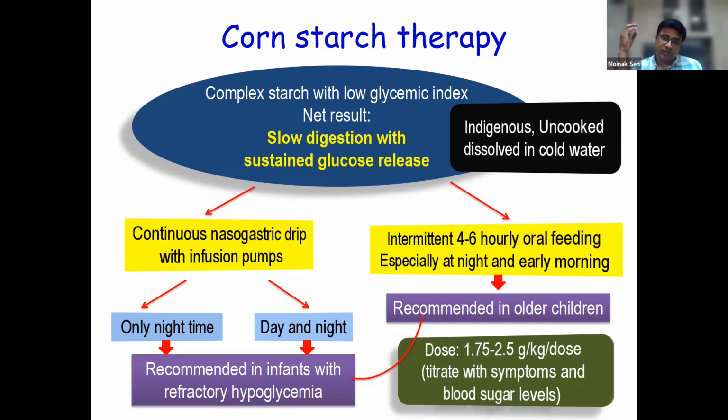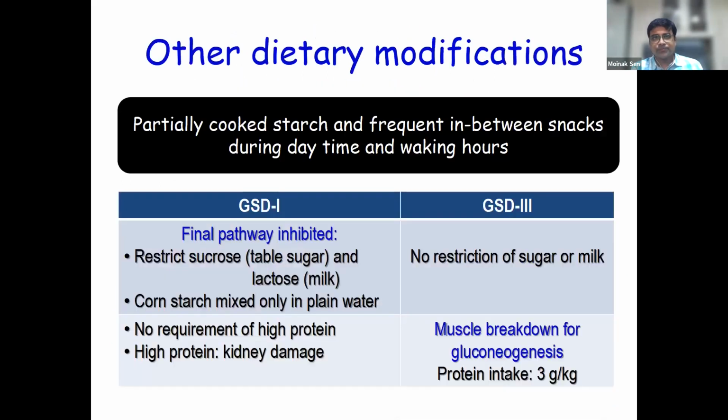This is what is fed. You can feed through a nasogastric tube or infusion pump only in the nighttime or only in the daytime and also the nighttime. Or you can give an intermittent 4 to 6 hour oral feeding, especially at night and early morning. And the dose is about 1.5 to 2.5 grams per kg per dose.